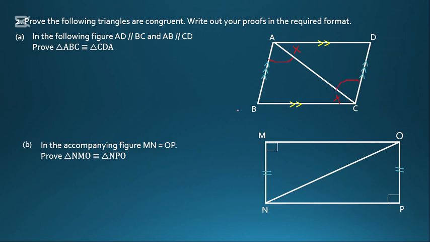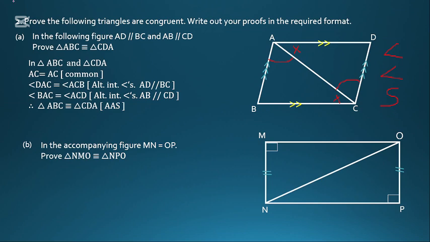But this time it's because AB is parallel to CD. So we have two angles, right? And this side AC belongs to ABC and to ACD. So we have a side also. We can start with any one of those three. So what do we say here?